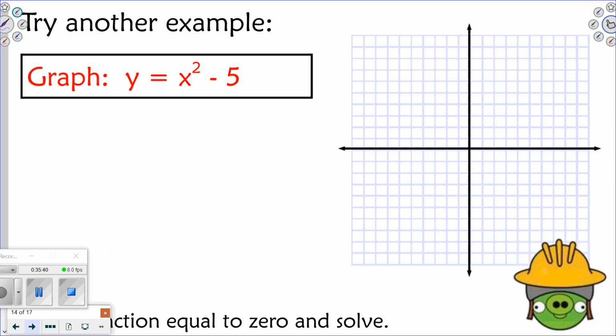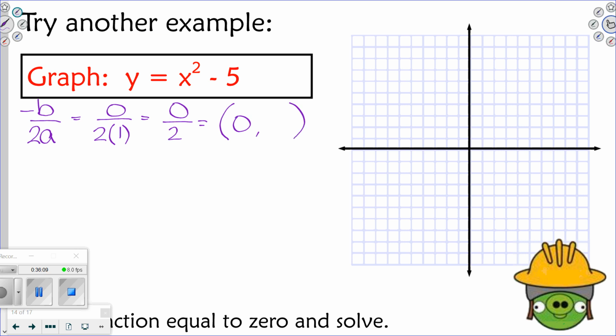All right, so let's try another one. So graph y equals x squared minus 5. Okay, so let's graph it. Negative b over 2a. What's negative b? 0, good. Over 2 times a value is 1. So 0 divided by 2 is 0.